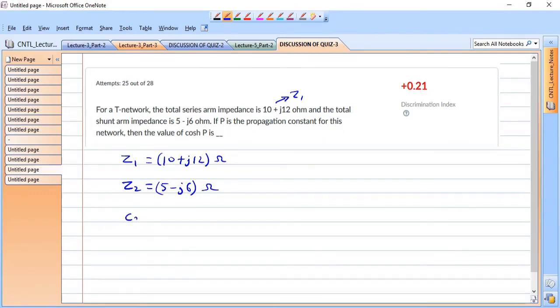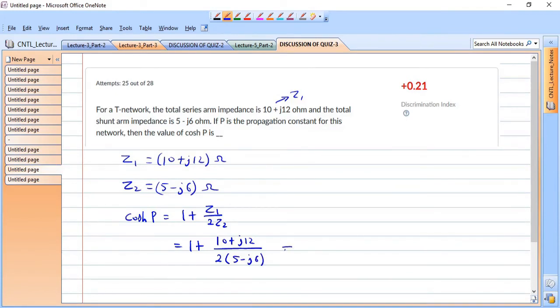So we have derived that cosh gamma, that is P, is equal to 1 plus Z1 by twice Z2. So it is 1 plus Z1 is 10 plus j12 upon twice of 5 minus j6.